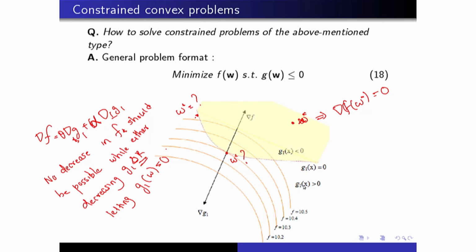That means you should not be able to move in a direction that's perpendicular to the gradient of g_1, which means that the alpha, what we are talking about here as alpha, must be 0. But more about this in the next classes.